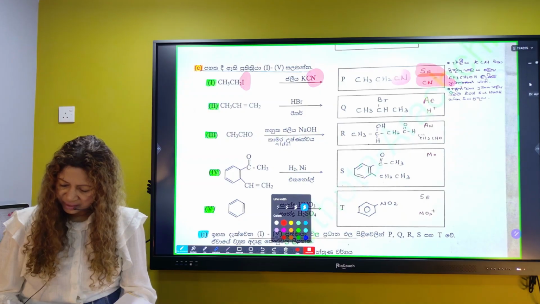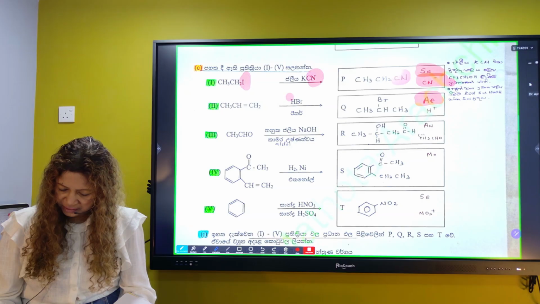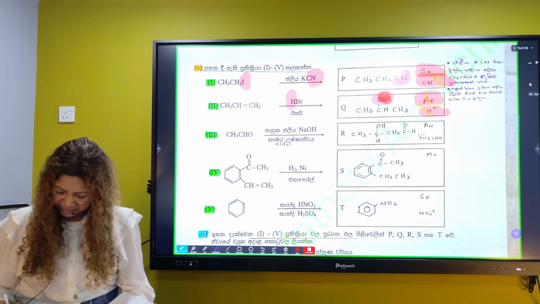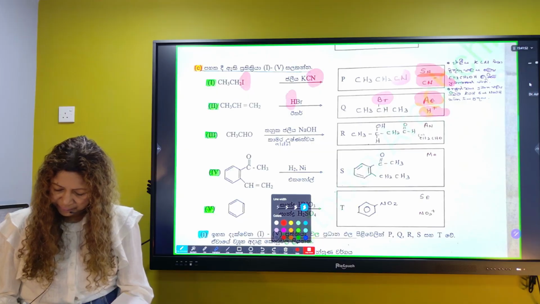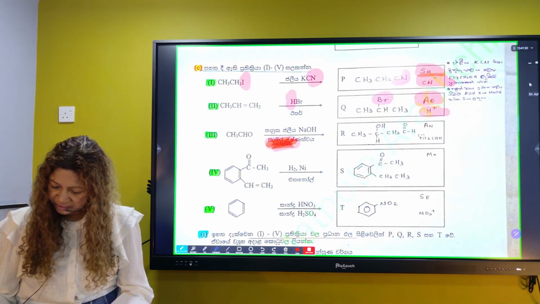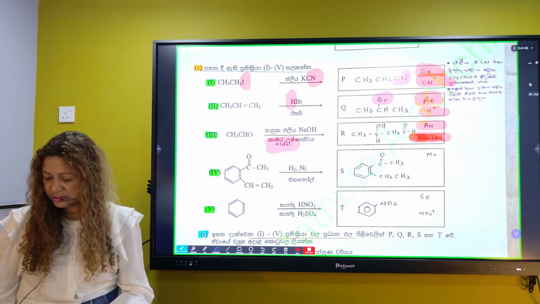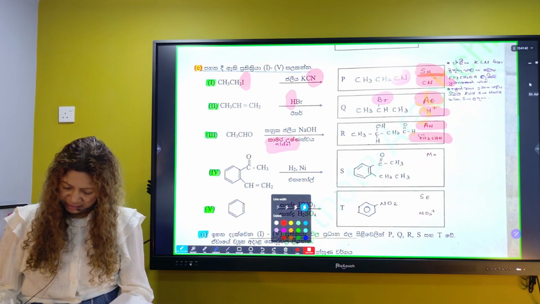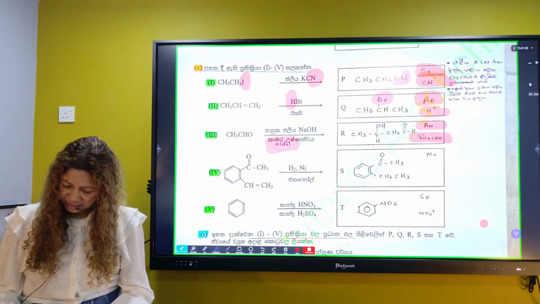And then the next one, HBr, electrophilic addition, H plus is the electrophile. This bromine joins to the middle carbonyl, stable carbocation. This is aldol product, nucleophilic addition, and then CH2, CH3 with a negative charge. Carbon anion is the nucleophile.